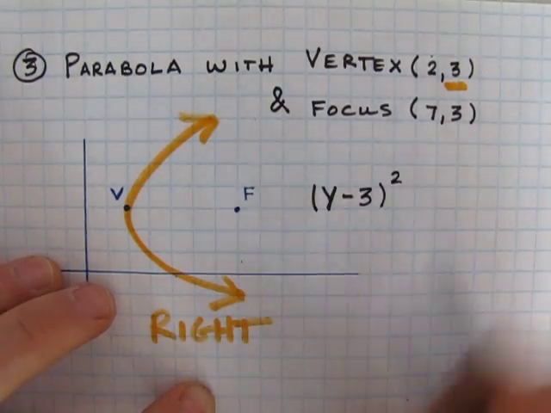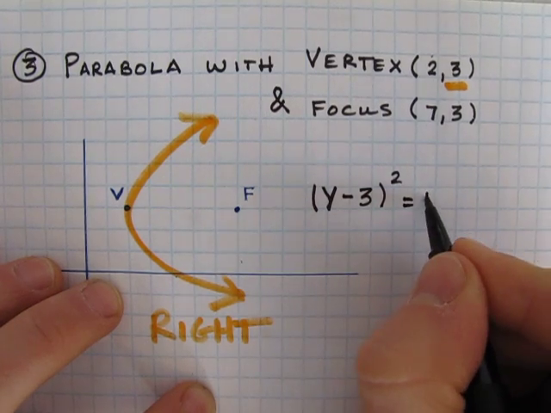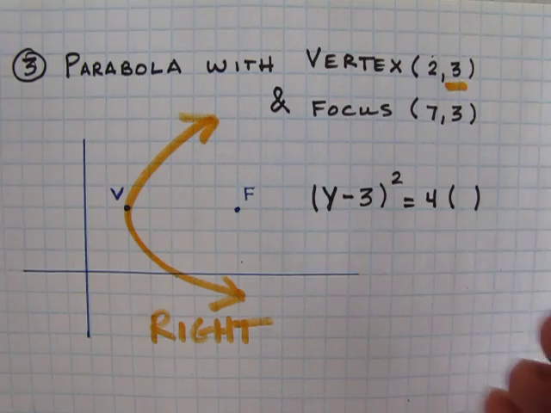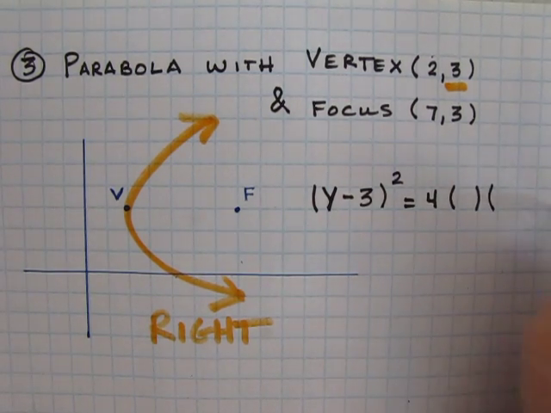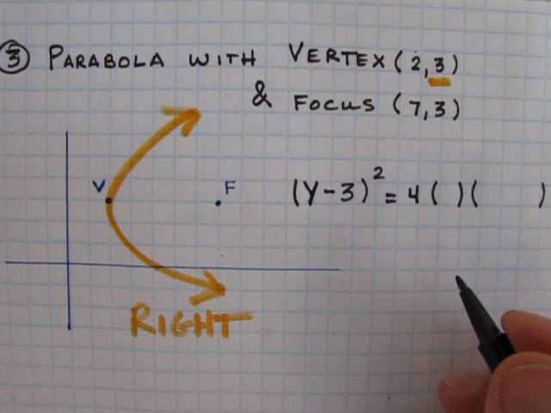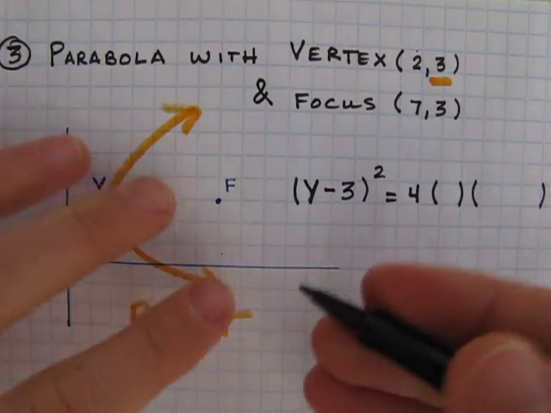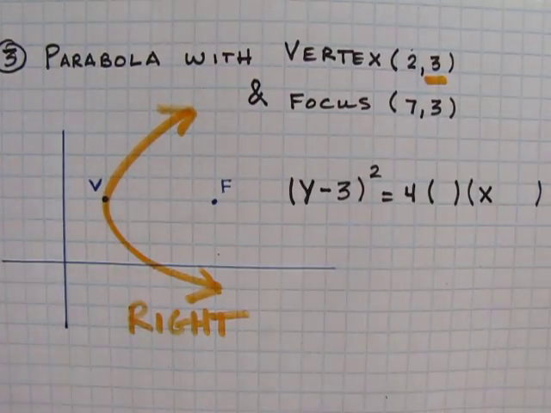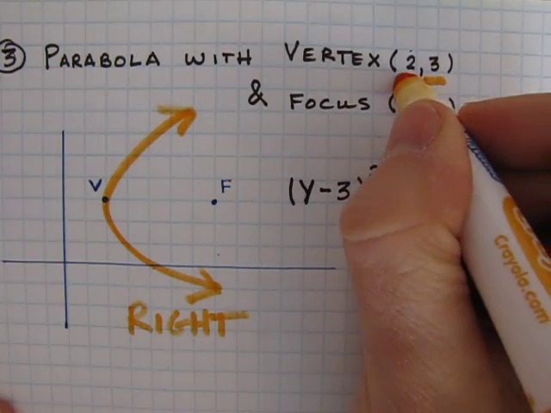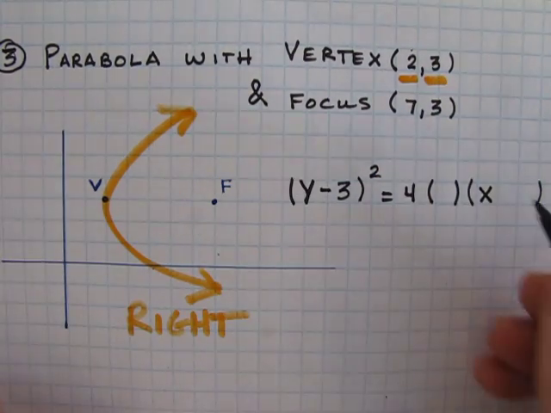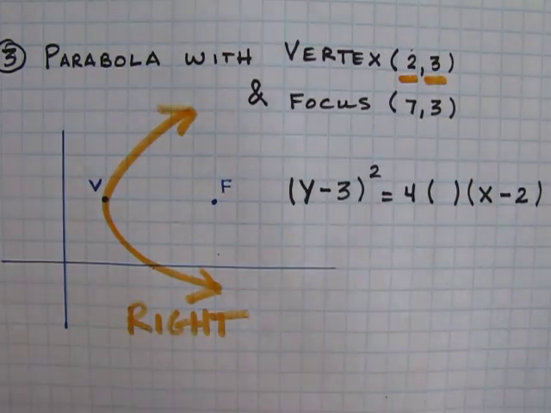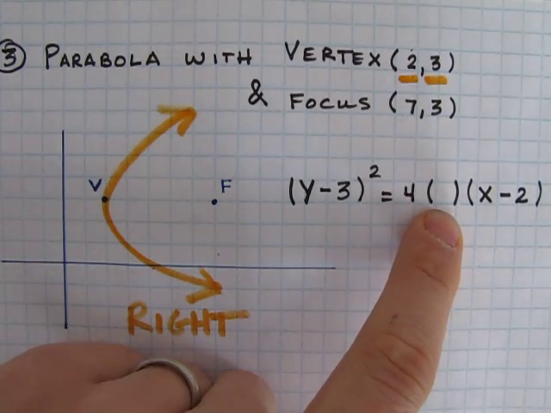The quantity squared is equal to 4 times our p-value, which we have not determined yet, times the x component of the equation. Notice that the x component for parabolas is not squared. x in the vertex, 2 is the x value, so we put minus 2. And then the last piece is to determine what p-value goes here.